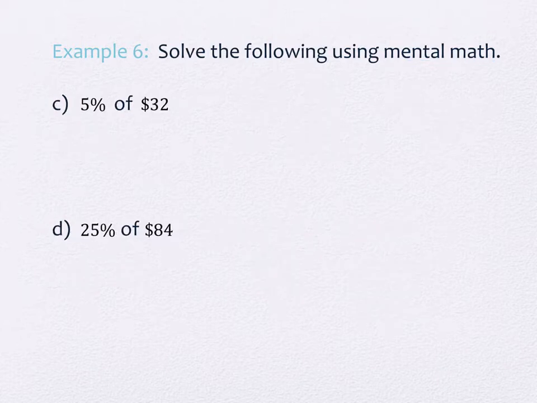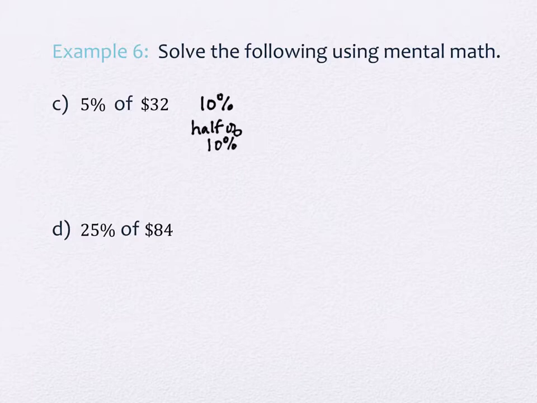How about C? 5% of 32. We already did a 5% one. What do we do? Yeah, we found 10% and then we halved it. So we found 10% and then divided it by 2.